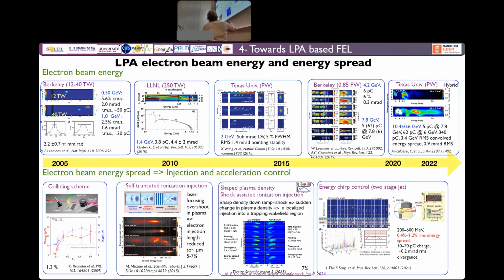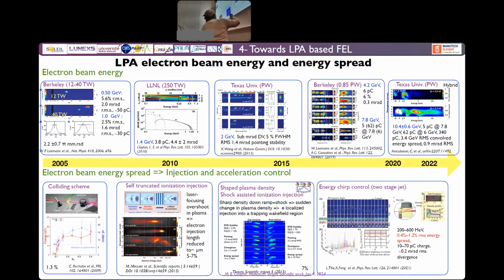Or you could play with the injection scheme itself, and play with the plasma density and the types of ionization that you have. So this has been done. And you can assist with a shock to really shape the plasma density.